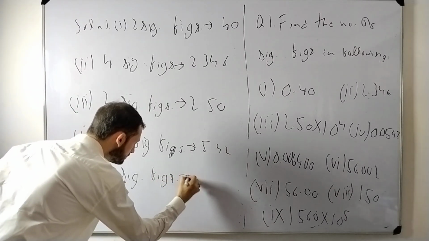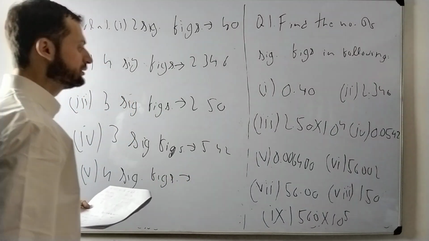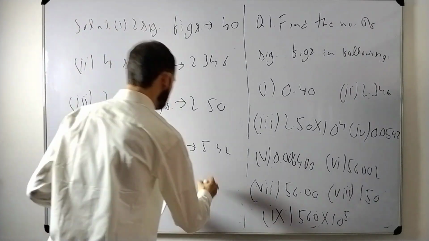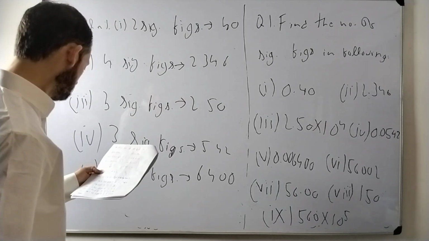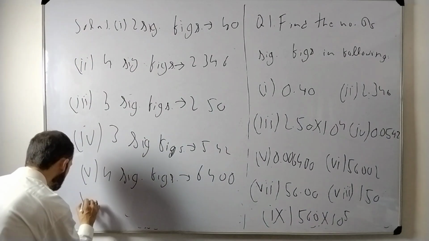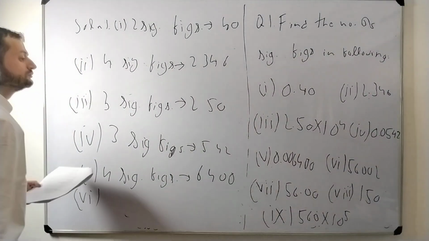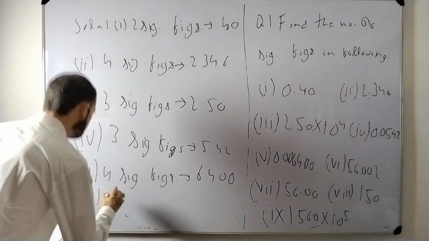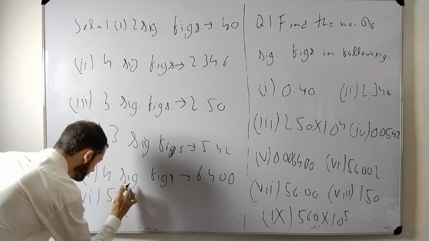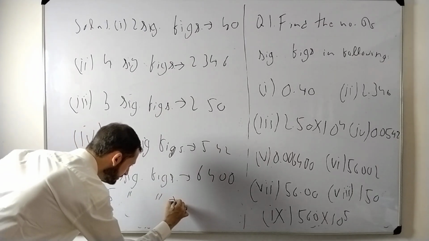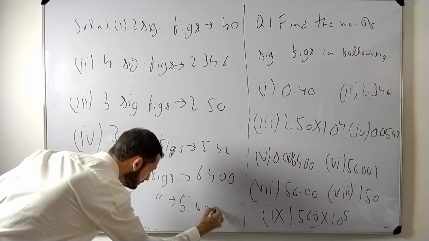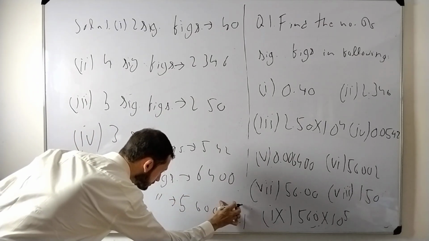So what are the 6400? Sixth part, 5 significant figures. What are they? 56002.